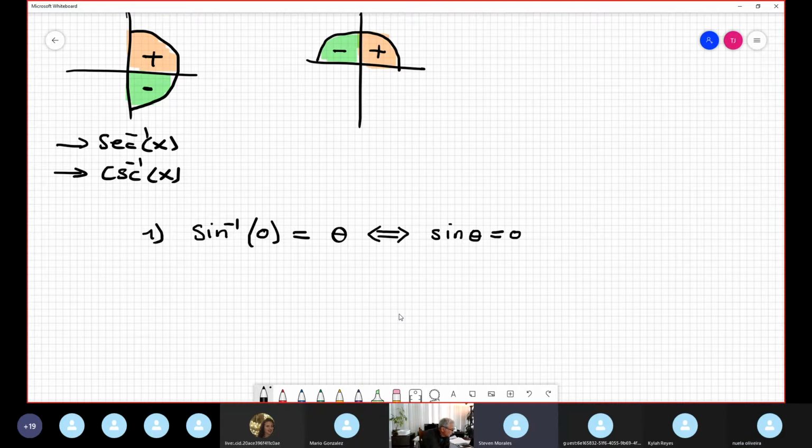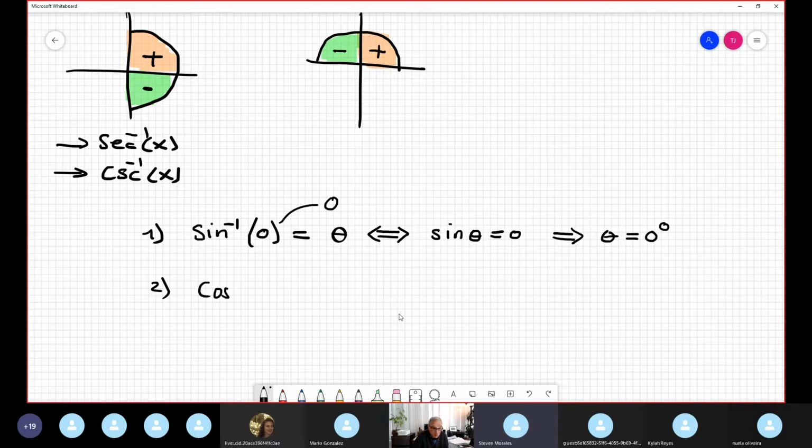You don't know by memory, or no? Not yet. No, Professor, I just know 30, 45, and 60. Using the table, theta is 0. 0 degree, no? Or 0 radian. And the answer in this problem is 0. Correct? Yes, it is. Okay.